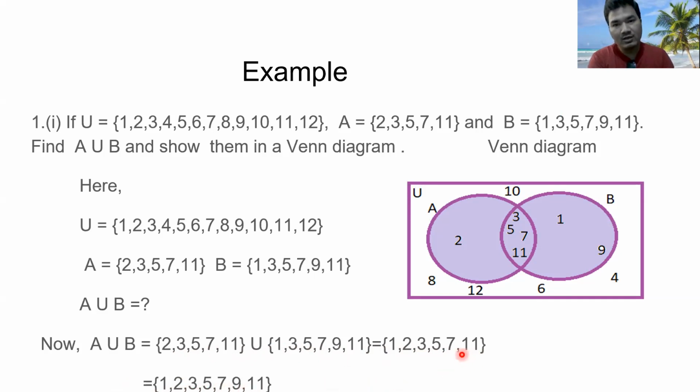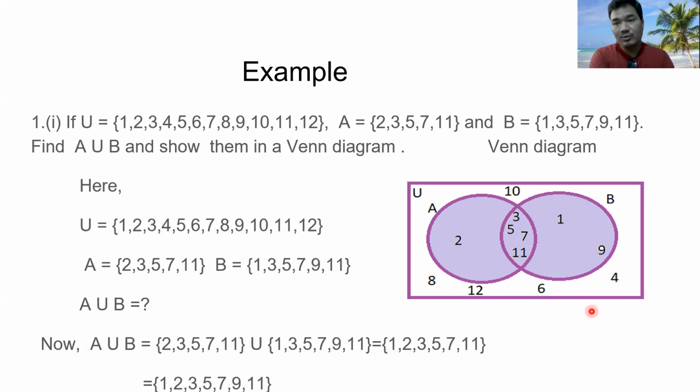Here we had missed 9 also. Okay, we'll correct it. It is the correct one: 1, 2, 3, 5, 7, 9, 11. 9 was left here.